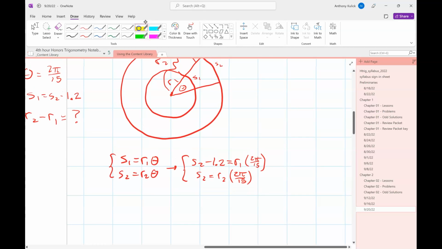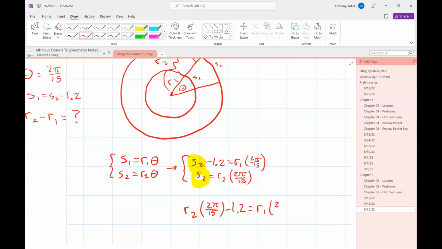I'm going to do my substitution, so I'm going to sub in S2. So I can say R2 times 2 pi over 15 minus 1.2 is going to equal R1 times 2 pi over 15. Just doing a substitution. I'm going to add the 1.2 over and subtract the R1 over.